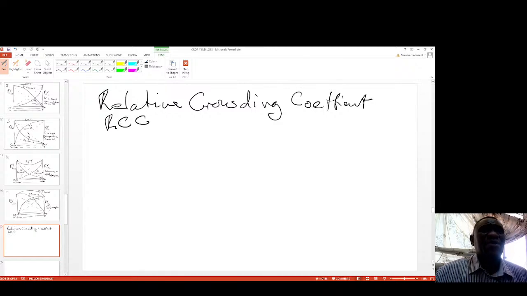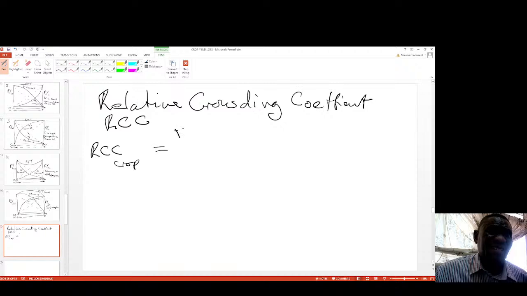Now we can calculate the values separately for the components in a mixture. Let's start with the crop. RCC crop. We get it from this equation.